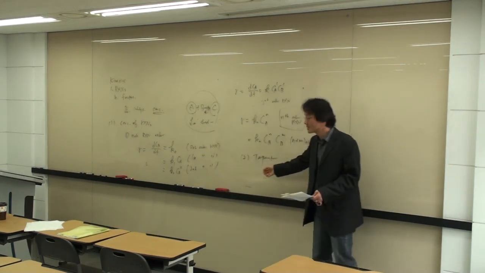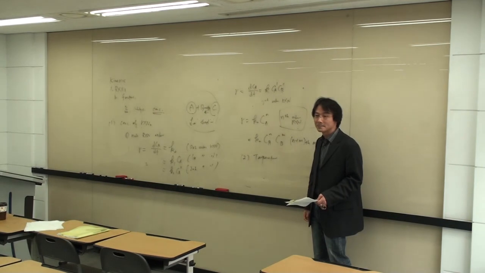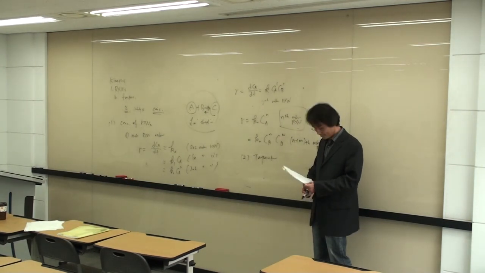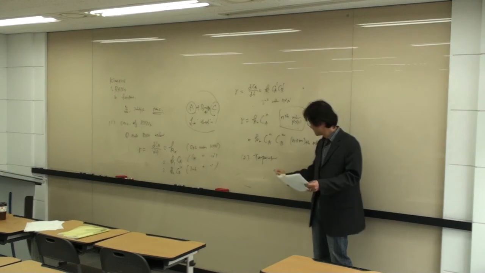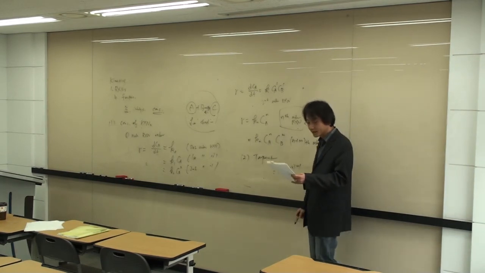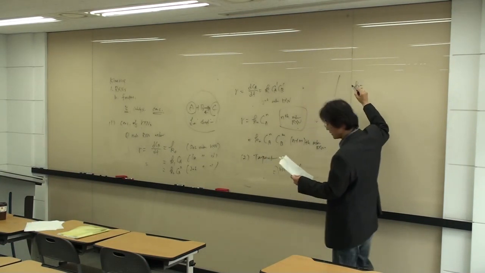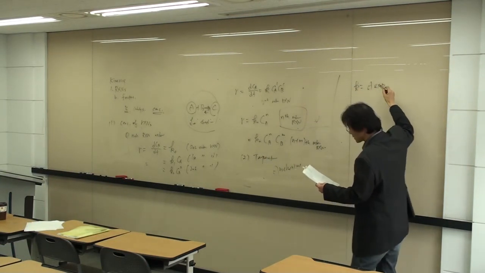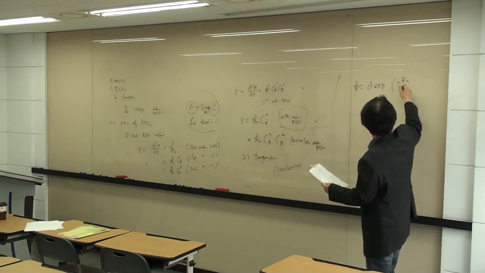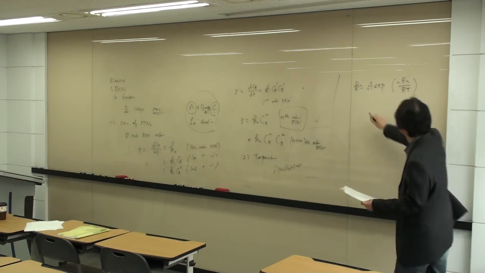And who is the famous chemist who identified the temperature effect on the reaction? We talked about this: Arrhenius, right? The Arrhenius equation. You already know k equals A exp(-Ea/RT).